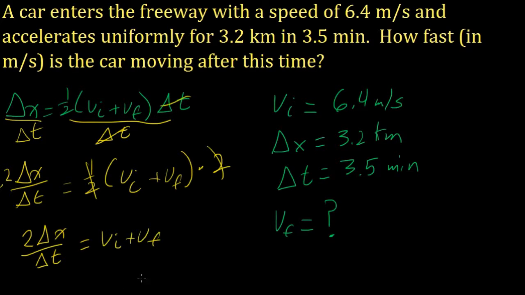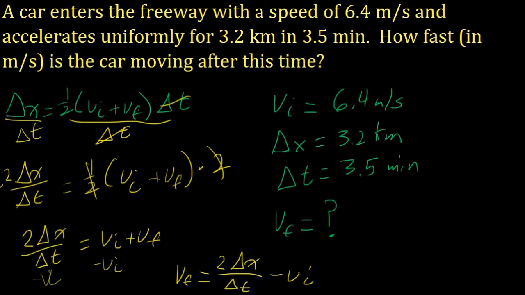Now we can subtract vi from both sides, and to get vf, I'm just going to flip the equation over: vf equals 2 delta x over delta t minus vi. So that's the formula we actually want to use.